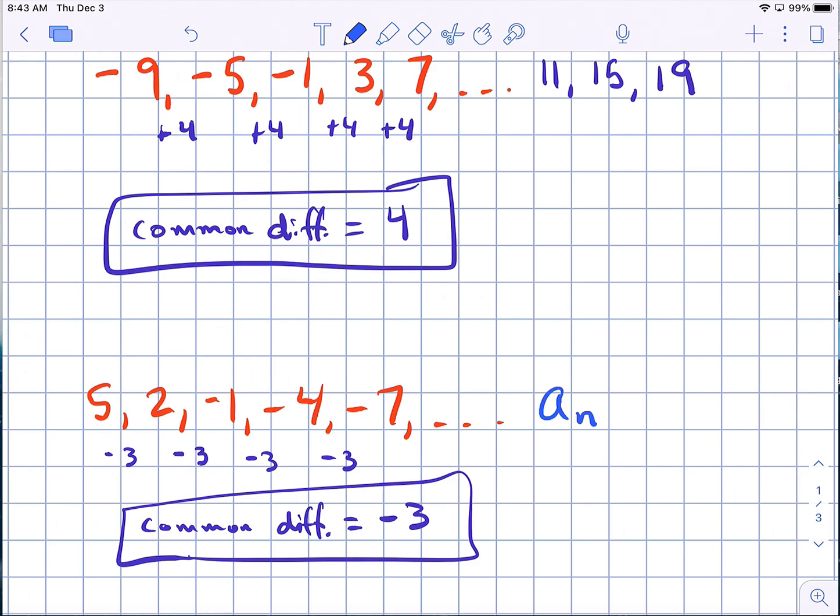It's sort of like f of x, like a function type of thing. It's an a with a little n as a subscript. So a of n stands for which term I want to find, because we're going to use those variables in our equations. You don't necessarily have to memorize the equations because I'm going to give them to you, but we need to know what those variables stand for.